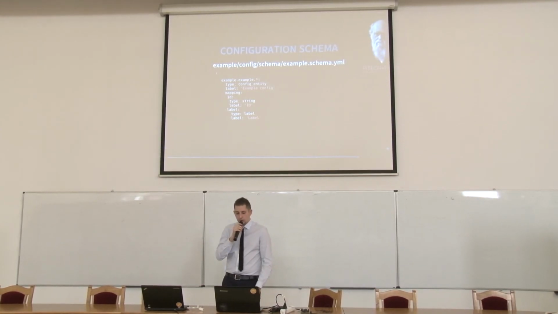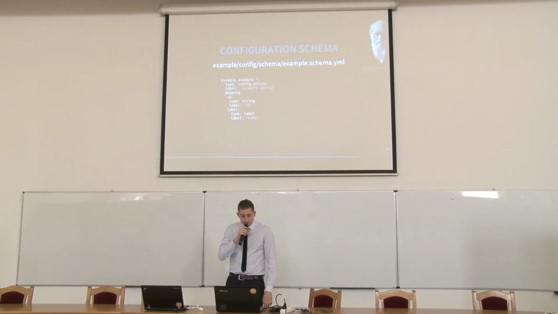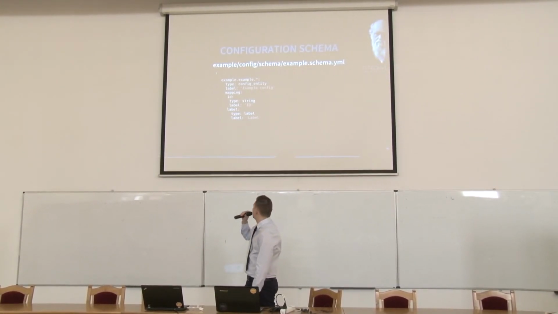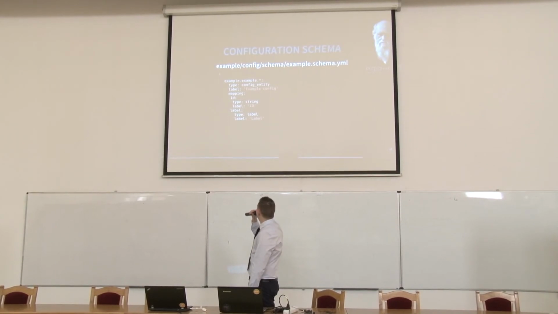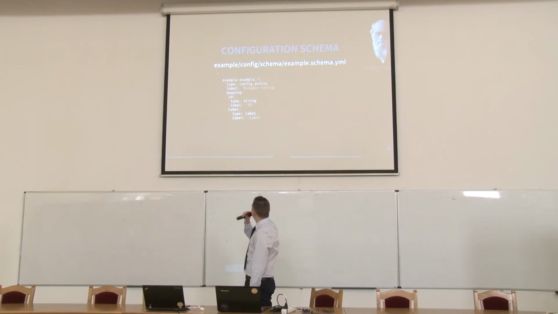It will be stored under this root name. Then we have the type, that is the config entity, the label, and the mapping. We define these properties, the ID and the label, as the mapping.